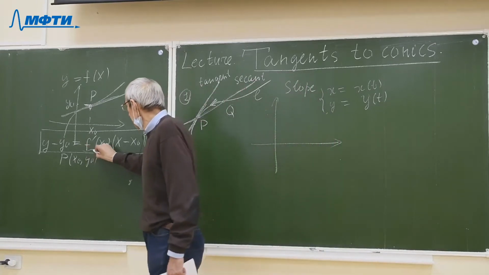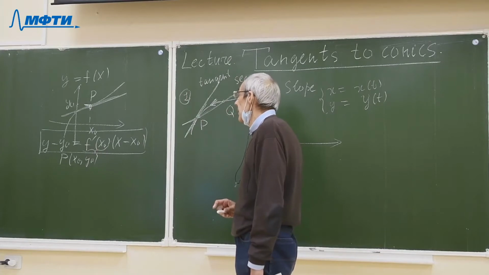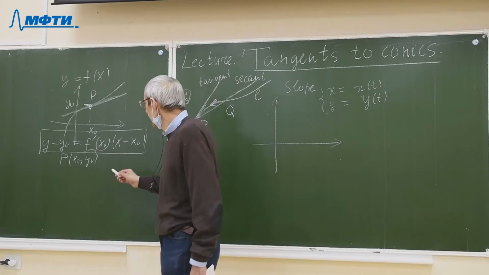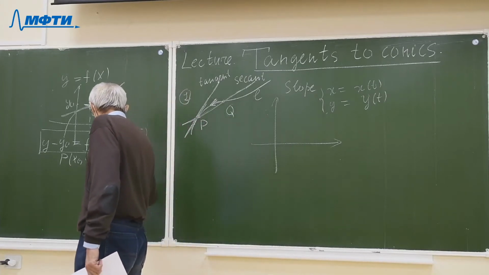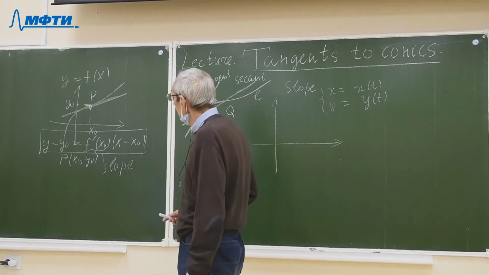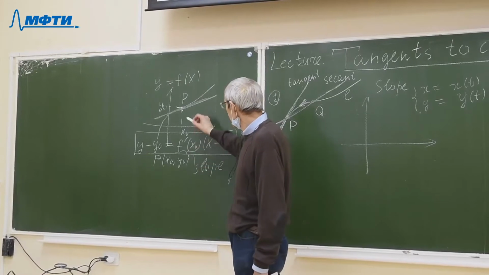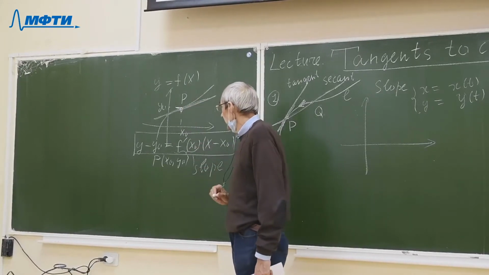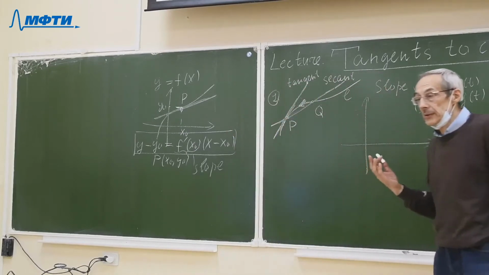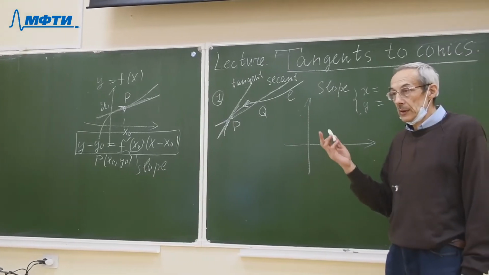The coefficient in the equation of the tangent line is called the slope of the tangent line, and this number is also called the slope of the curve in this point. By definition, the slope of the curve is the slope of the tangent line in this point.